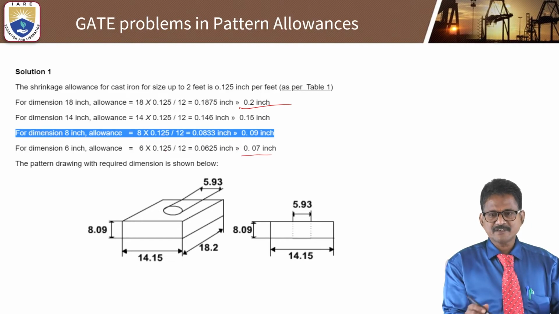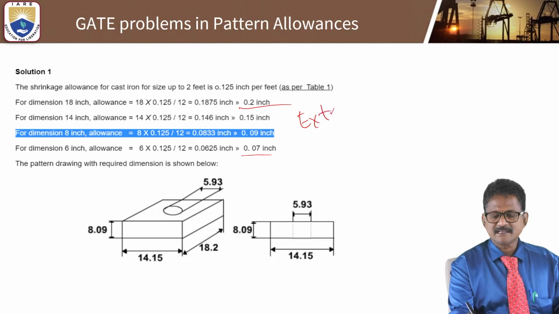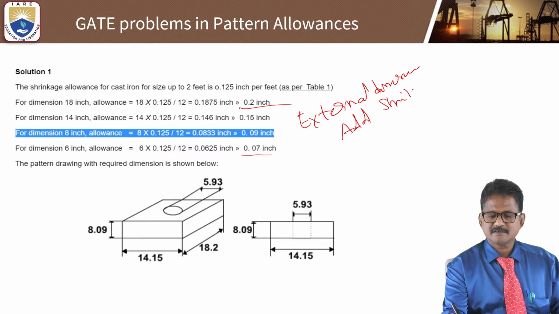So always, for external dimensions, add the shrinkage allowance.